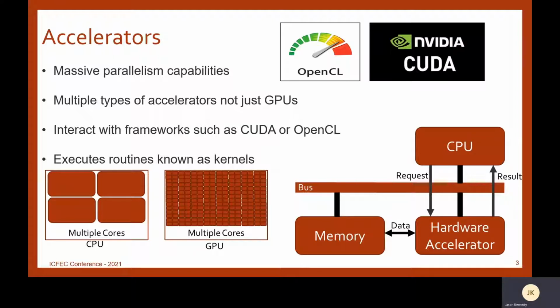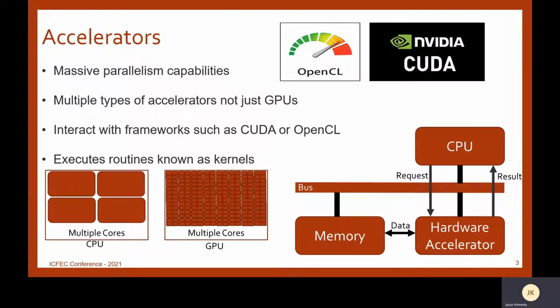We have not incorporated other types of accelerators into AVEC as of now. By placing these accelerators at the edge, we can decrease the execution time of applications. And in order to actually execute these applications on the accelerators, we need to use frameworks such as CUDA or OpenCL. Within AVEC, we use CUDA.